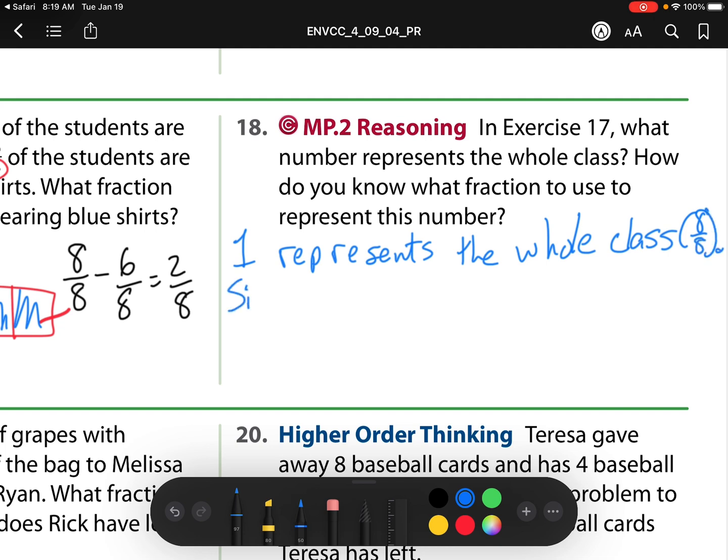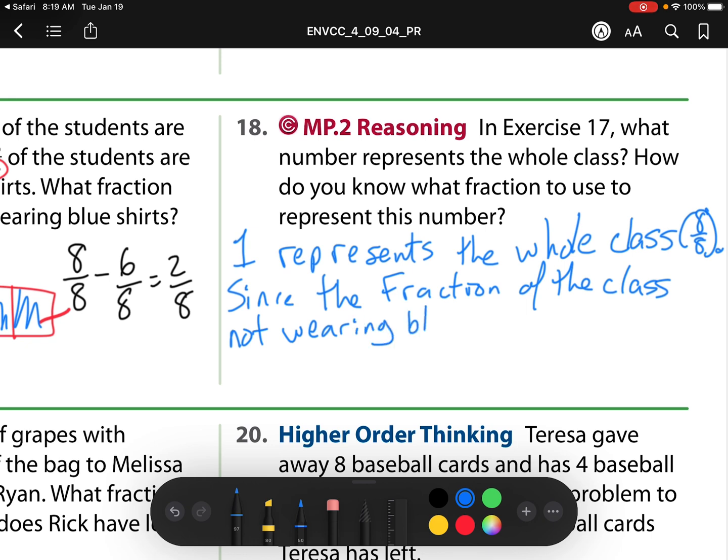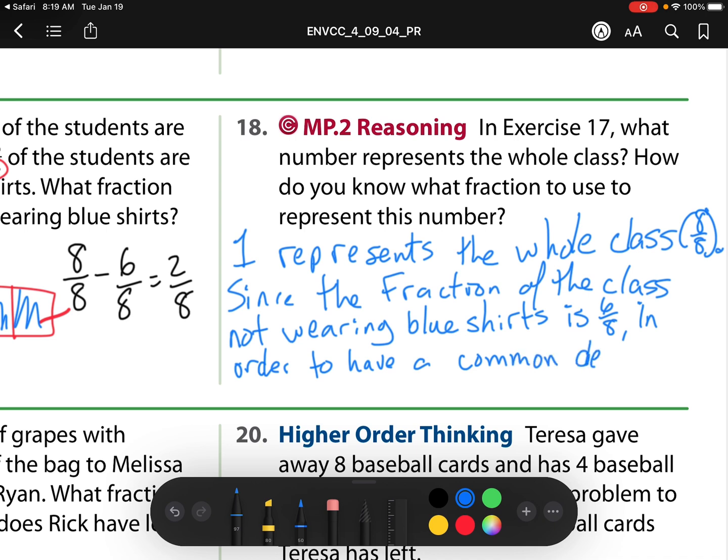Since the fraction of the class not wearing blue shirts is 6/8, in order to have a like or common denominator, I used 8/8 to represent a whole.